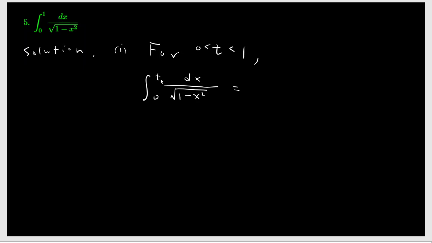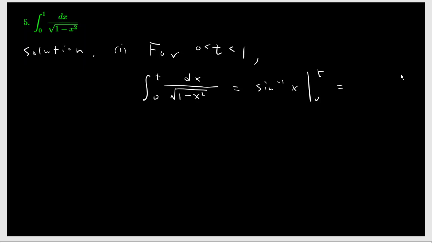The antiderivative of the integrand is inverse sine of x. This one you do not need any substitution. From 0 to t, you evaluate the antiderivative from 0 to t.